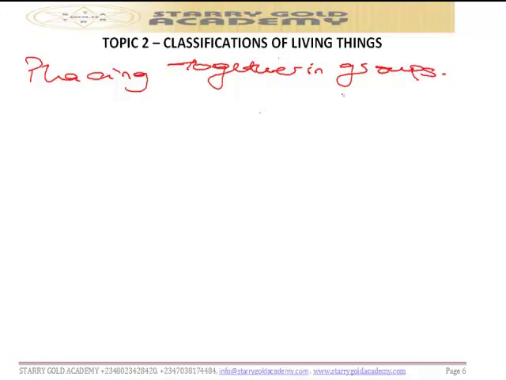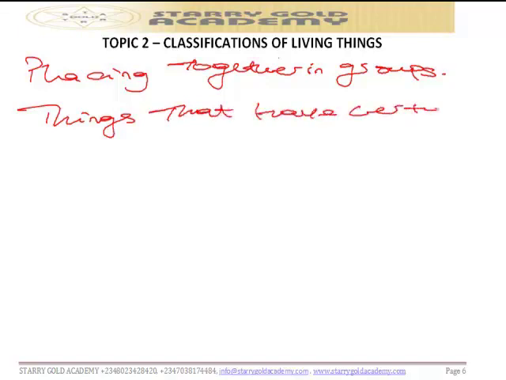That has to do with placing together living things into groups that have certain features in common, right? So they actually look alike, not that we just classify any kind of things together.